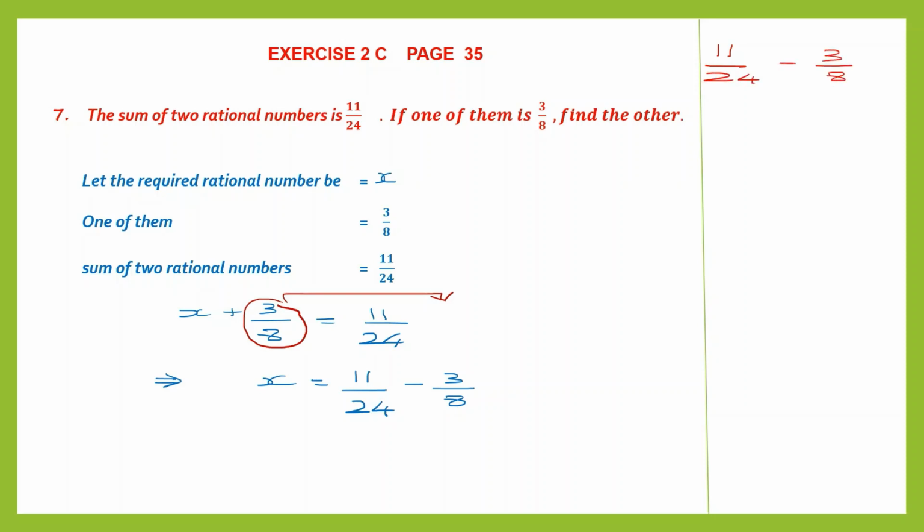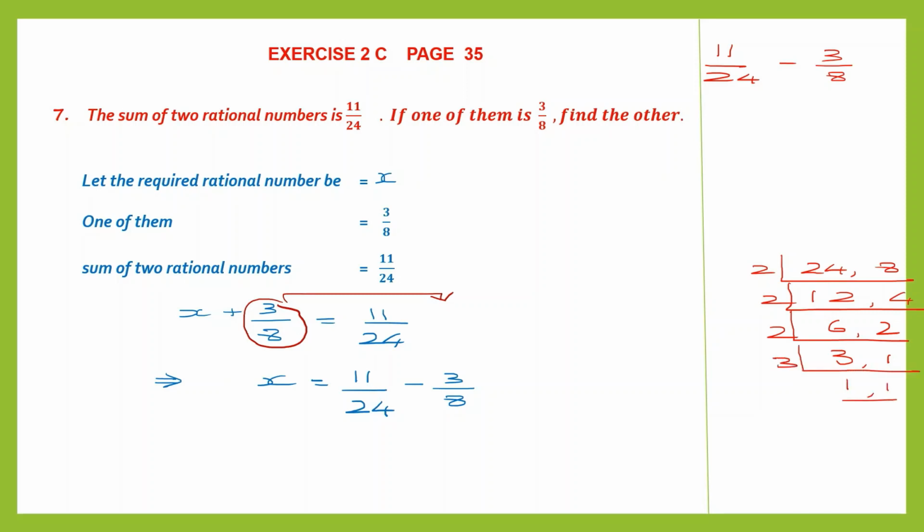Now when we add up rational numbers like this, we need to find the LCM of the denominators. So let's take 24 and 8 and find the LCM. 2 12s are 24, 2 4s are 8. Then 2 6s are 12, 2 2s are 4. Continue with 2 3s are 6, 2 1s are 2. Now with 3, 3 1s are 3.